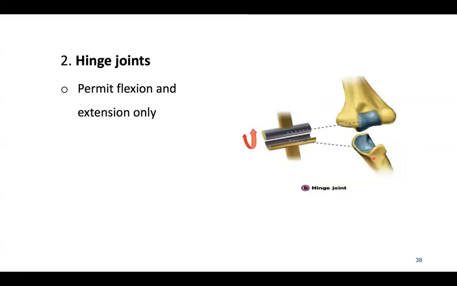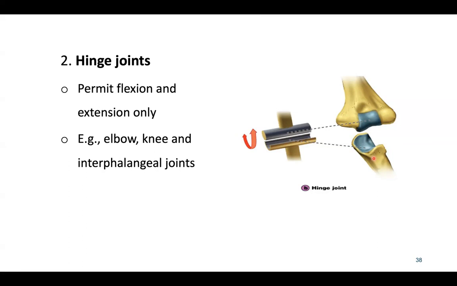The second type is a hinge joint. In a hinge joint, a concave end of one bone articulates with a convex end of another bone. Such joints are also uniaxial. They only allow movement in a single axis, only flexion and extension.